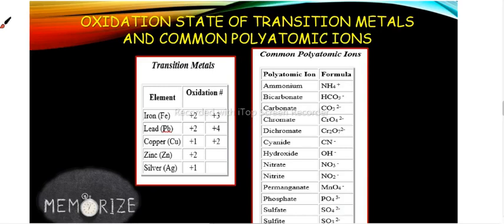Here I have the oxidation state of transition metals, and I have the oxidation state of some common polyatomic ions. When talking about polyatomic ions, what's the meaning of polyatomic ions? Going through the word, poly means more than one.